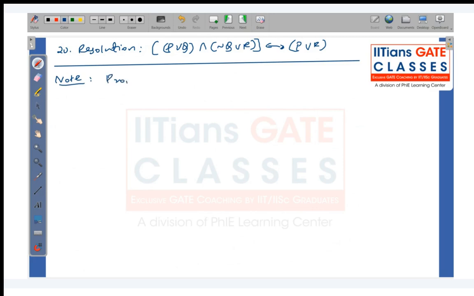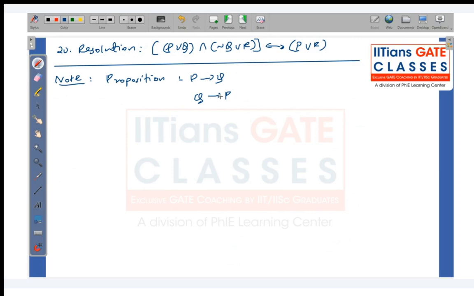So let me start with the proposition P implies Q. Then Q implies P. What is this called? There's a name for this, right?